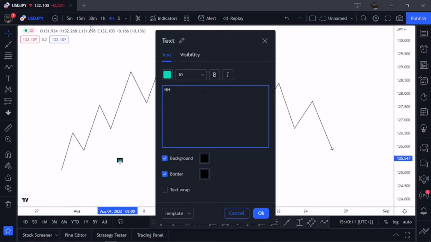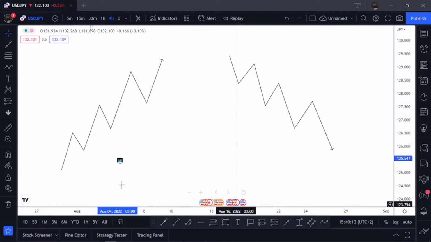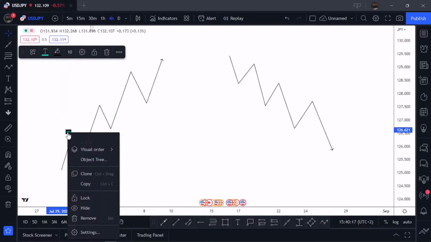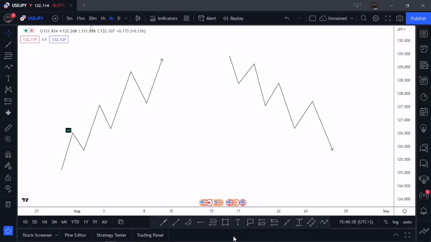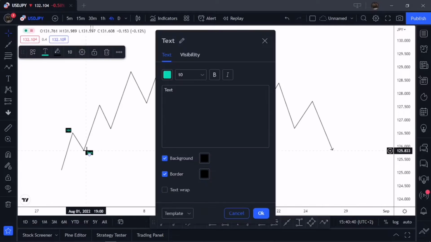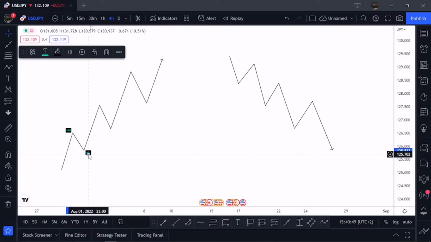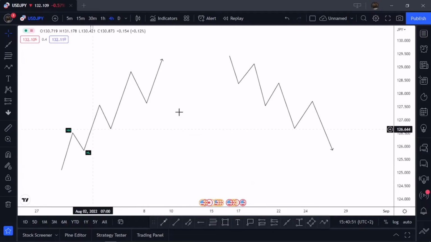This will be for higher high, right? This in general is your higher high, and then this will be your higher high, right? This will be your higher low, right? I won't mark everything, but yeah.